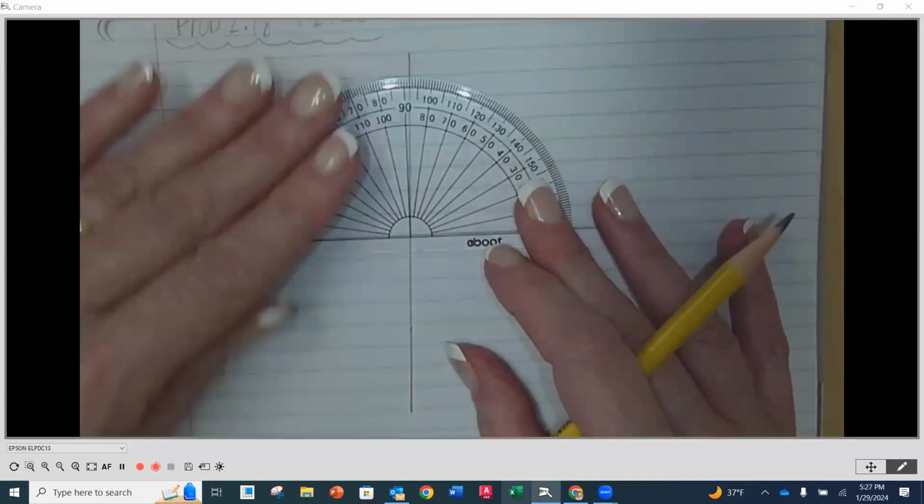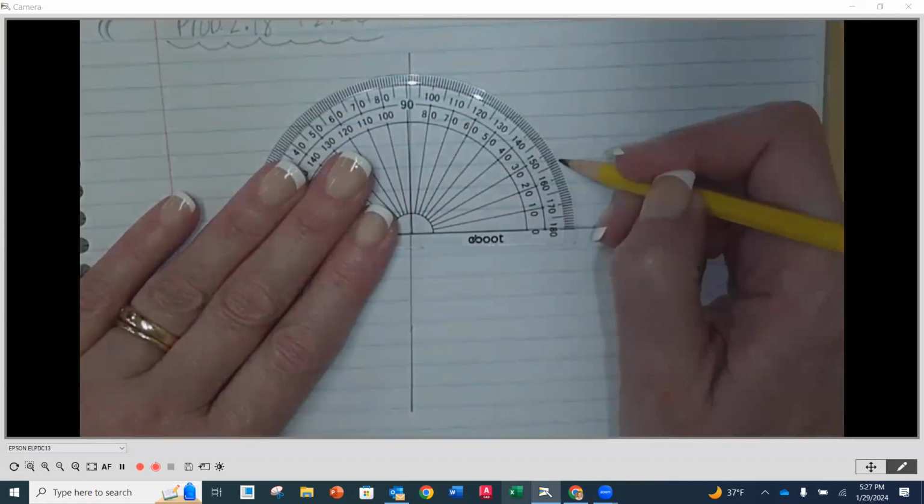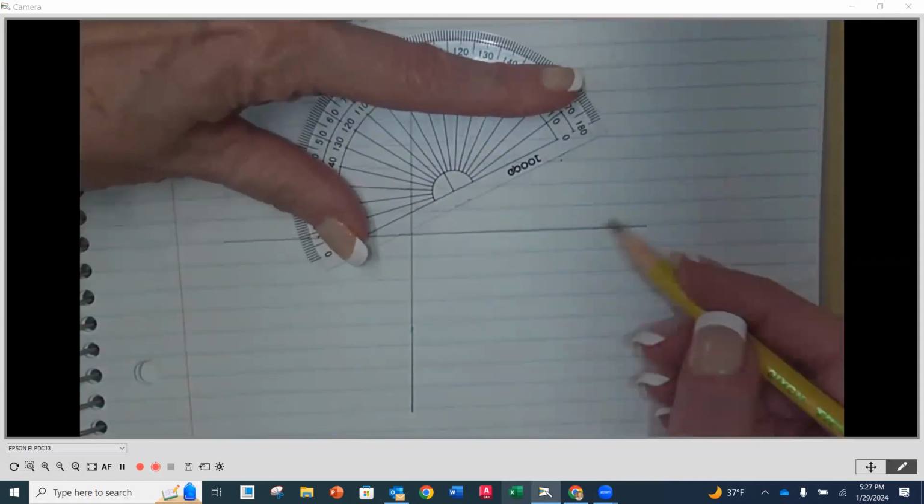Now I have a protractor, so I might as well try to get my angles in here. You don't need a protractor. You can just eyeball it. This is about 25 degrees, and this is going to be 60 newtons long.